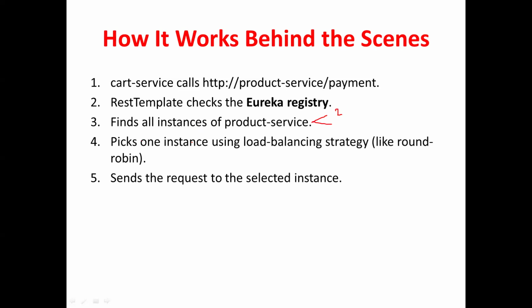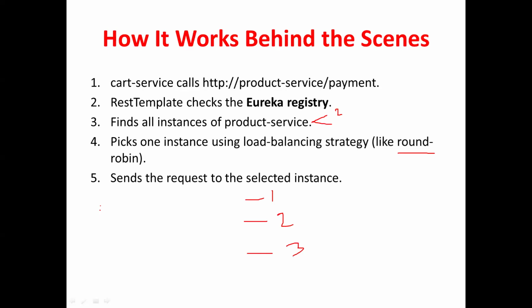At runtime, it will follow the round robin algorithm, meaning whichever instance is available, the request goes there. Now I will give another example: imagine your product microservice is running on three instances. I'm explaining how round robin will work.